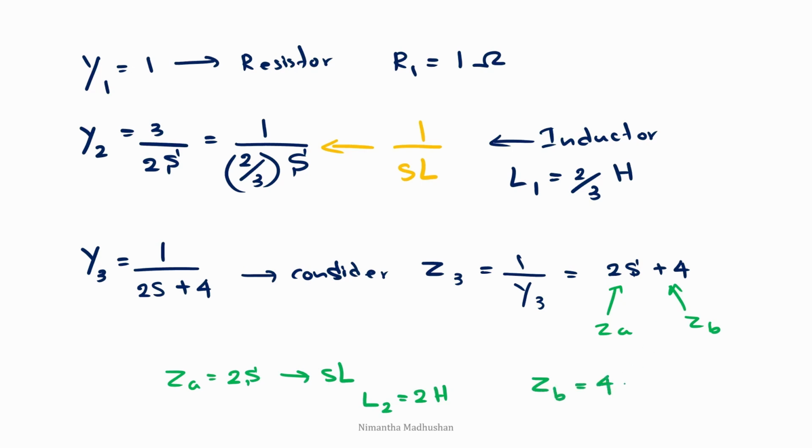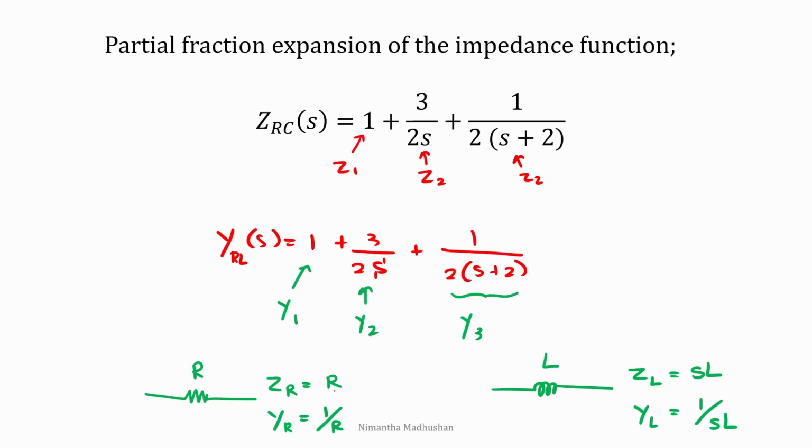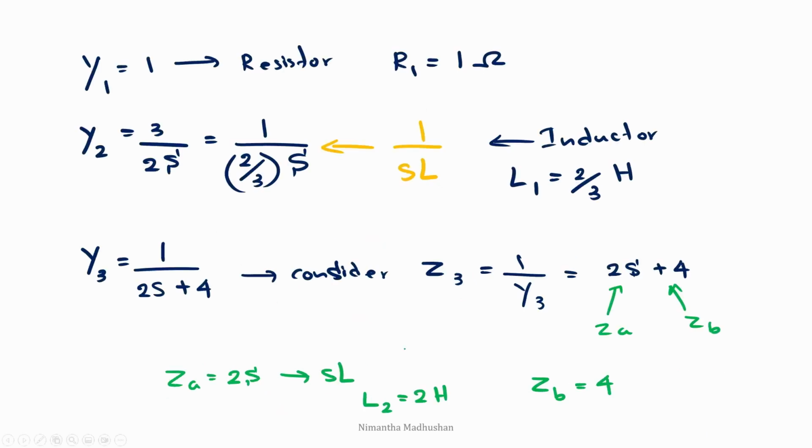It is equal to 4 and there are no S terms, so it will be a resistor, and the impedance value of a resistor is equal to R. Then R2 is equal to 4 ohm. Then these two components are connected in series because of this plus mark. These two terms are joined with a plus mark. That means these two components are connected in series.